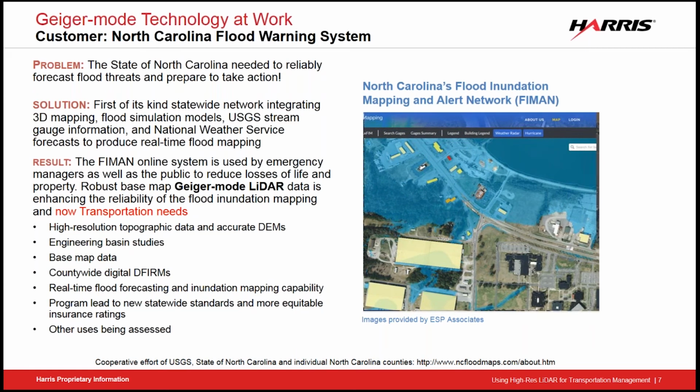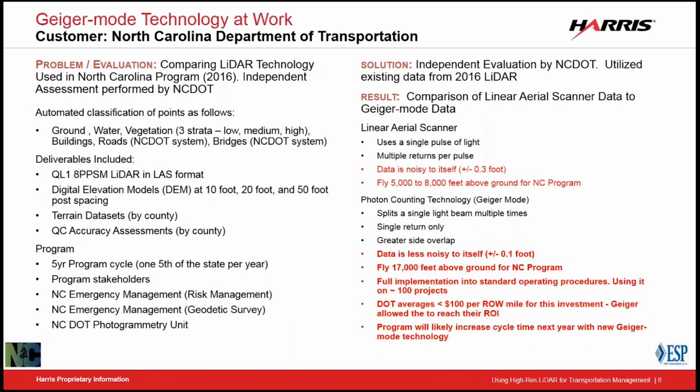This has been going on for the last year or so. The outfall of this is really not only for the flood warning system, but what's more important is that the same data is being used through the North Carolina Department of Transportation. So here's an example of how we've worked with one customer, and now it's being utilized by other groups within the state.